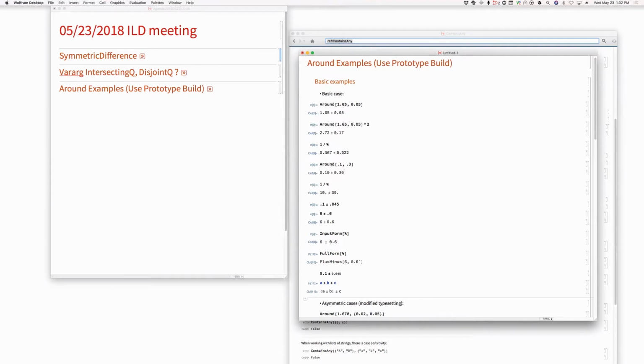What do we think the escape key will be for the glyph for around? I don't know. There's things like A plus minus, which is kind of yucky. UC. What does that mean? Uncertainty. Well, that's not what we're calling around.